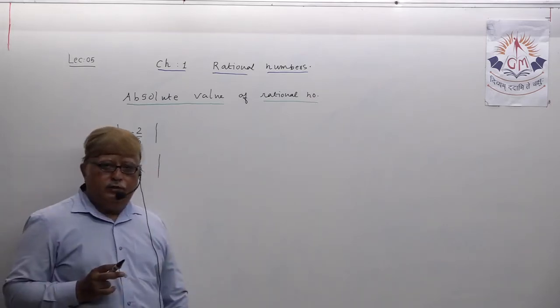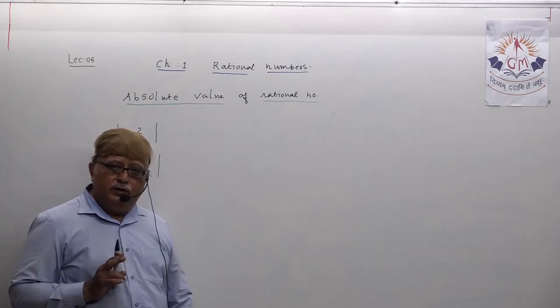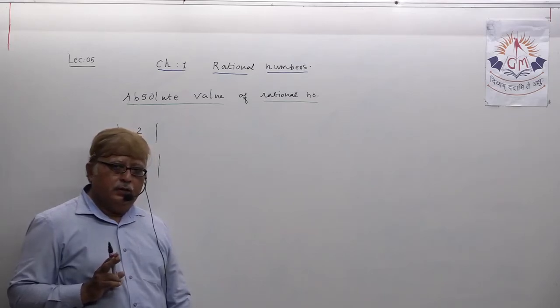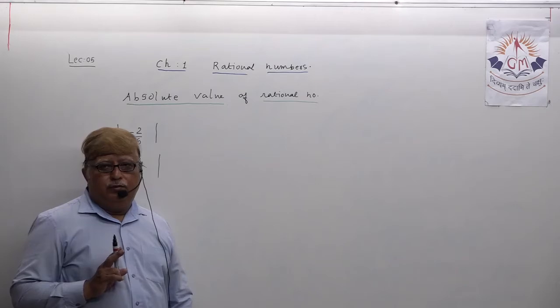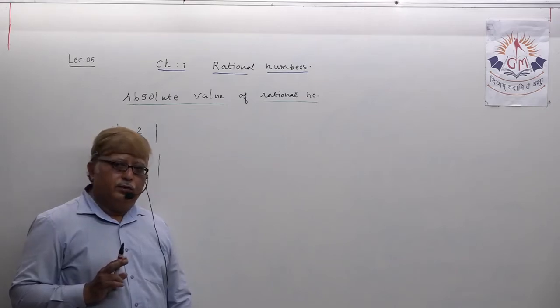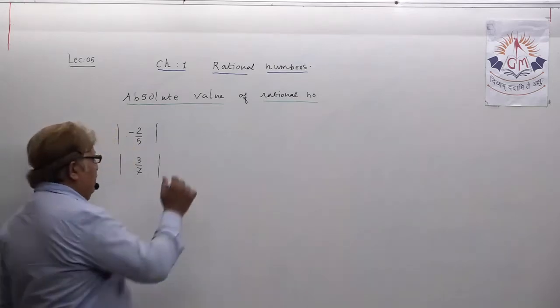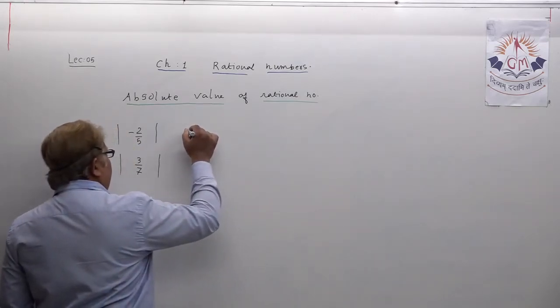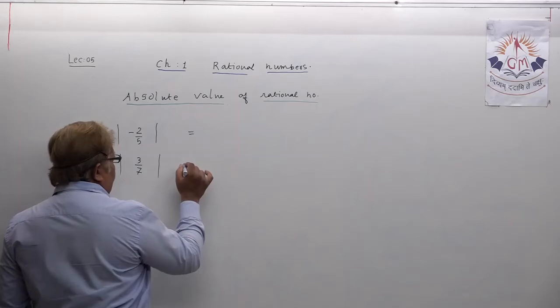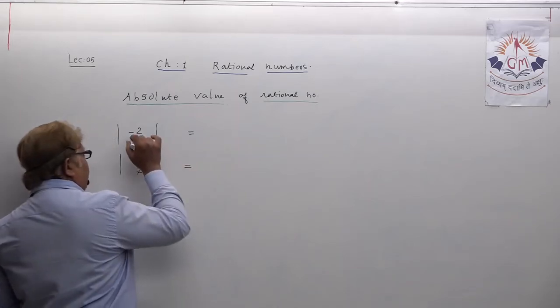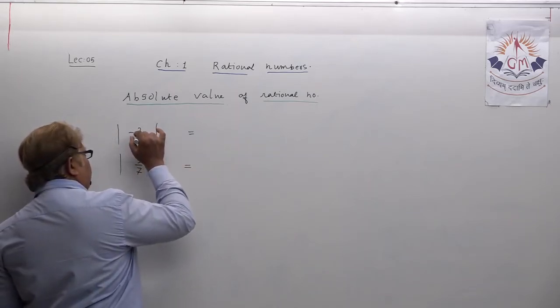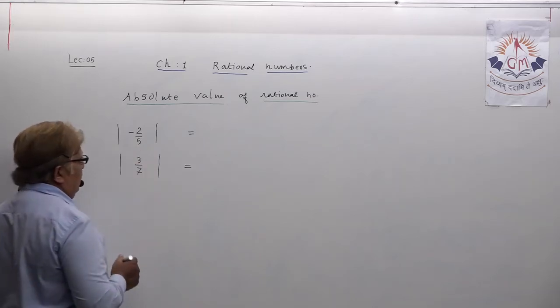Whenever you find absolute value of any rational number, that means you just have to think of value rather than sign. What is this rational number?